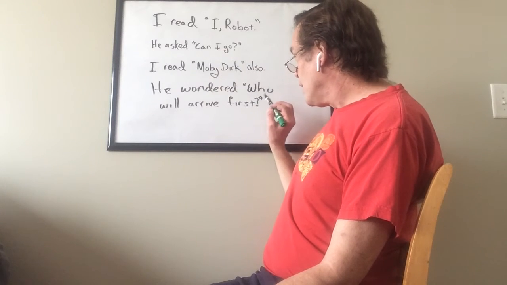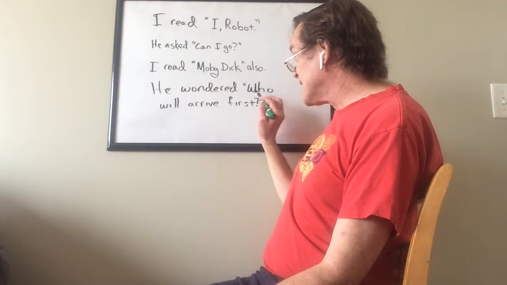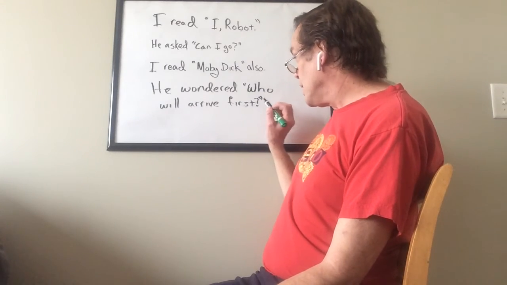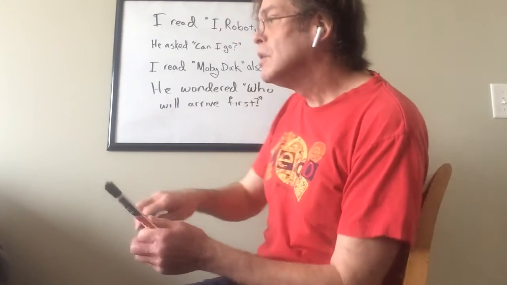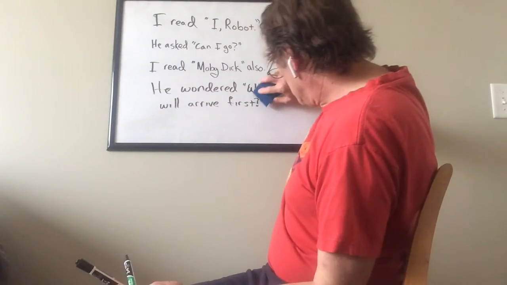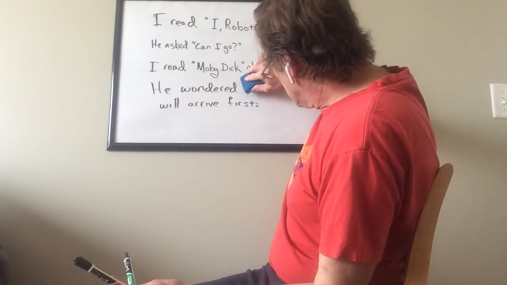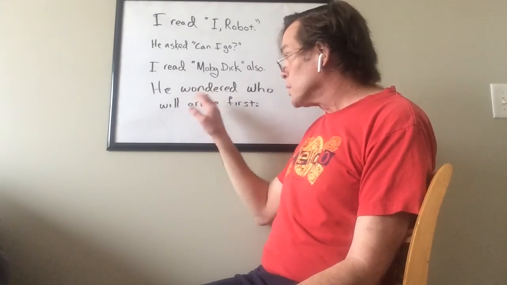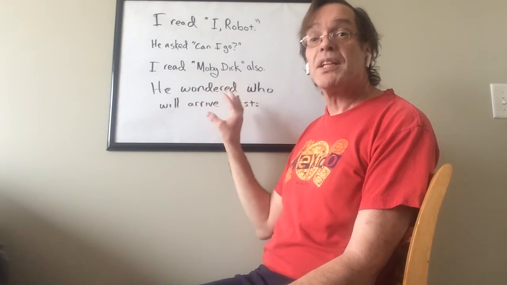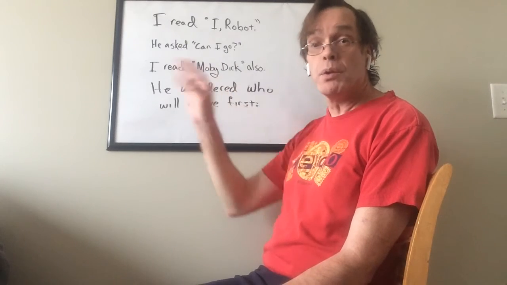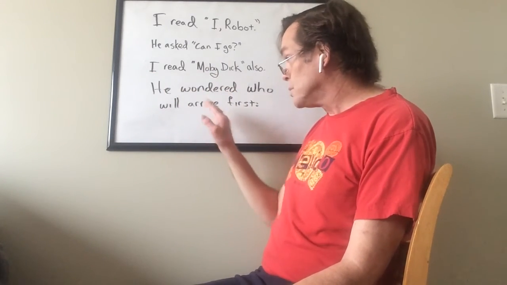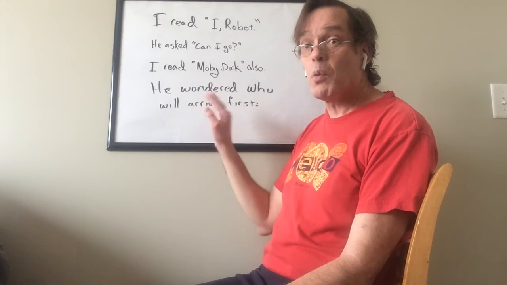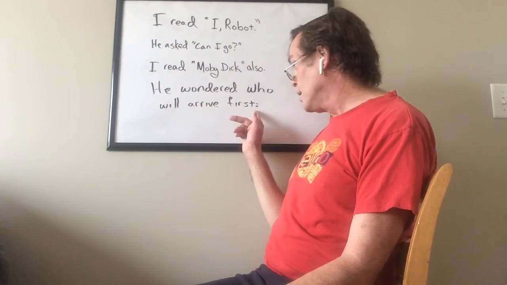So if this is not a quote of what he's thinking or what he's saying, it's still going to end with a period. I hope that's clear. We'll talk about this type of sentence in another video later on. So just be aware that it exists and that it's possible to write a question that ends with a period.